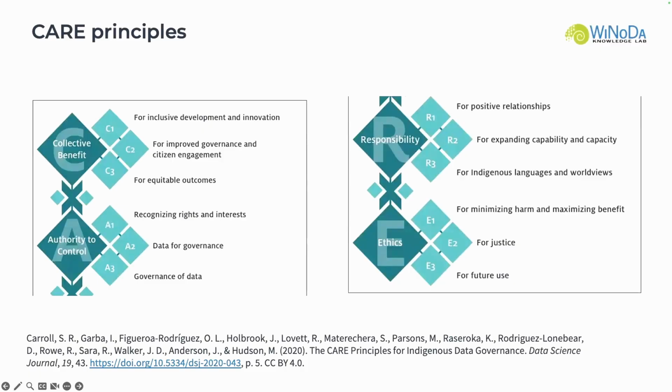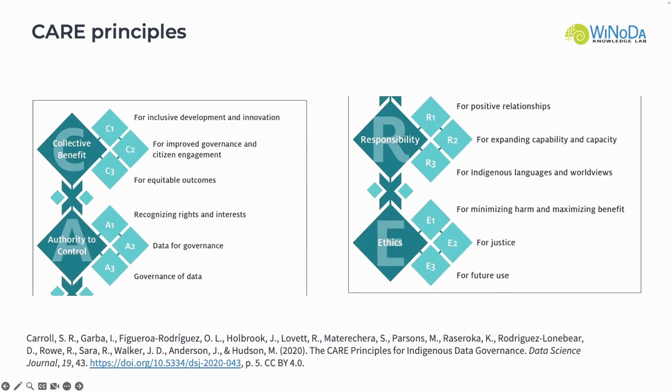As I said, the principles address the issues that indigenous people shall benefit from the data and have the necessary skills to use them themselves. It's also about creating data literacy. That would be the collective benefit. Then that the indigenous people have the right to decide on their data, authority to control, the second principle, and that the researchers and data creators take responsibility, the third principle, on the consequences also of using indigenous data, not only about the rights to the data, but also on what happens with the data after the project finishes.